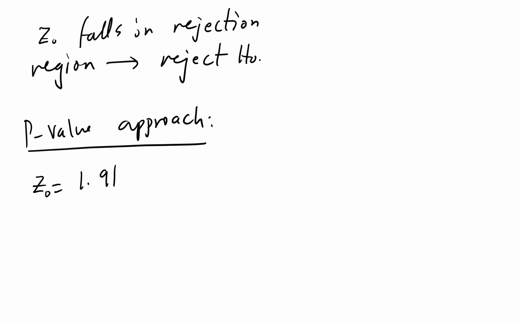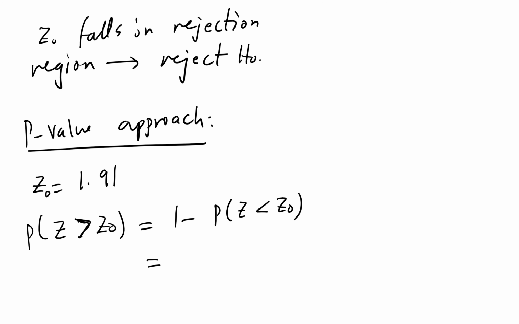The p-value is the area under the curve, so we need to look in the body of the table. The p-value is when z is bigger than z0, but the table gives us 1 minus the probability z less than z0, right? It's only to the left.